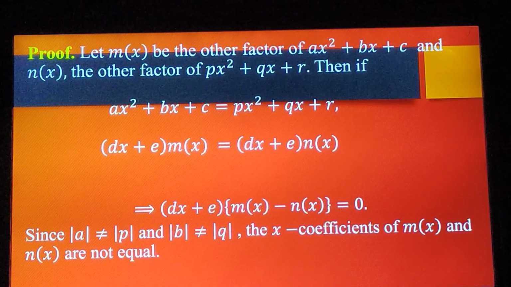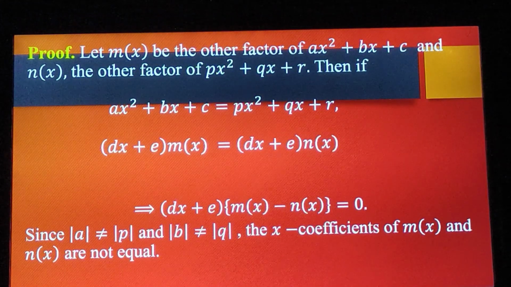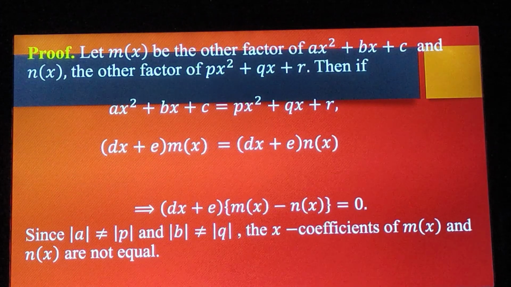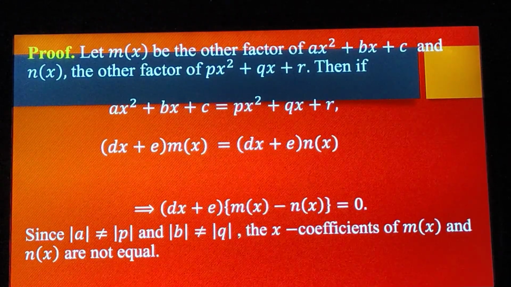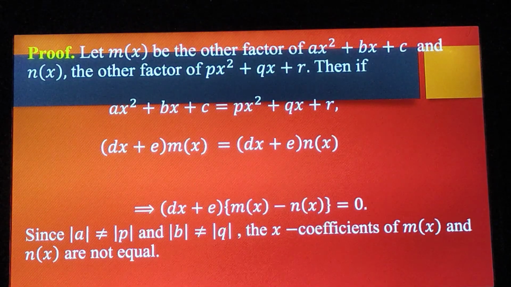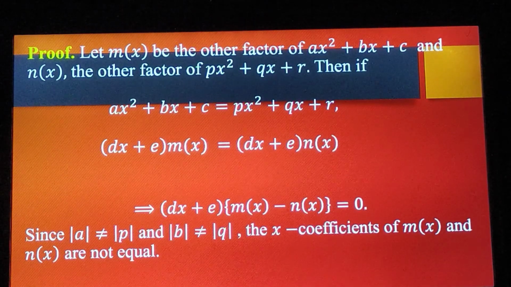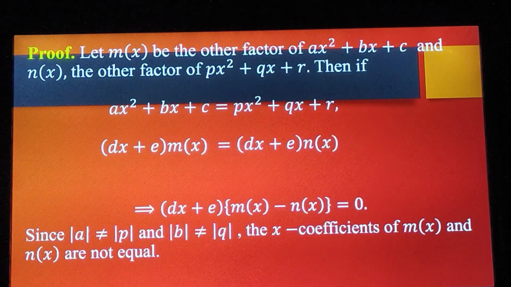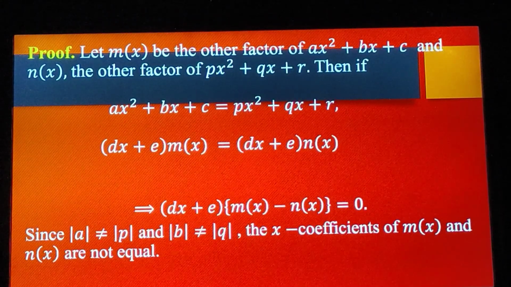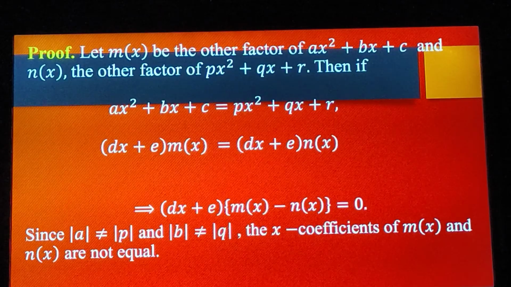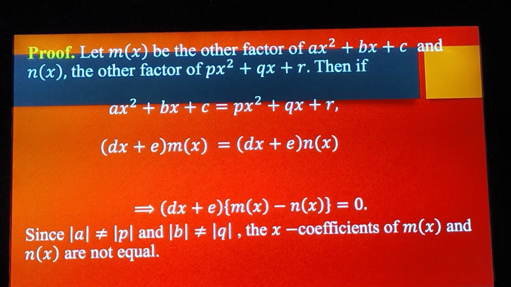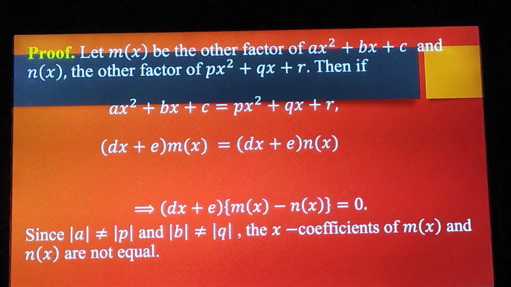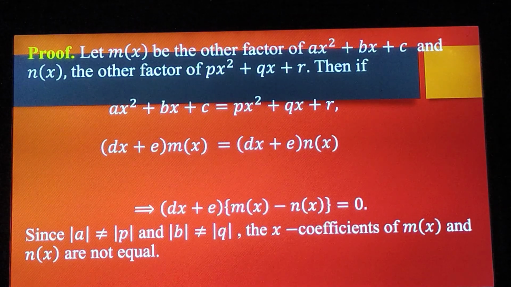Proof: let m of x be the other factor of ax squared plus bx plus c, and n of x the other factor of px squared plus qx plus r. Then if ax squared plus bx plus c equals px squared plus qx plus r, then we have this equation: dx plus e times m of x minus n of x equals 0.